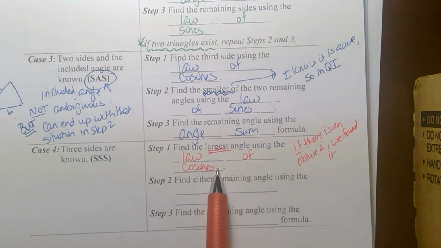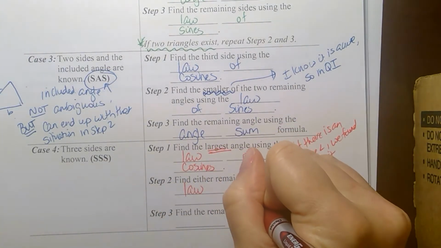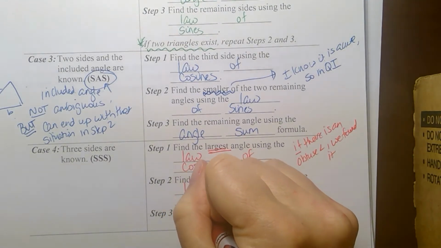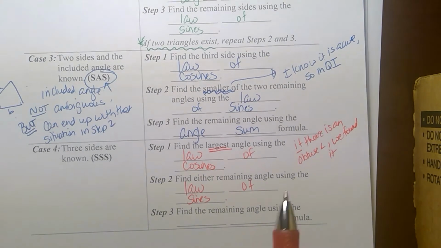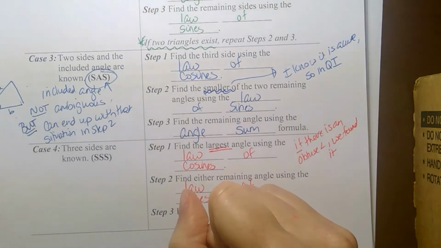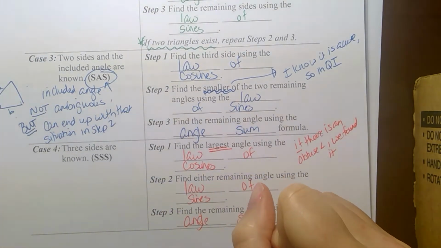So after we've used this law of cosines once, we're going to switch to law of sines. And it says find either of the two remaining angles, which is absolutely true. But if you get in the habit of starting with the smaller when you're using law of sines, then you won't forget to do it when it matters in that case 3. And once you know two angles, you always find the third angle using the angle sum formula.